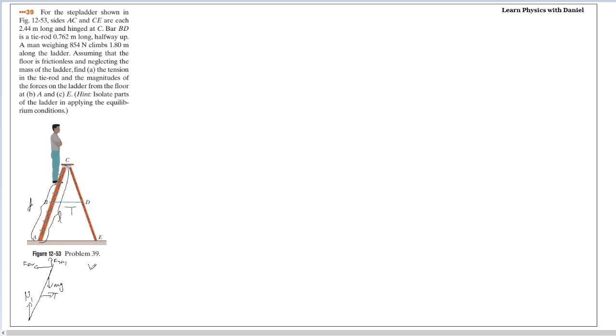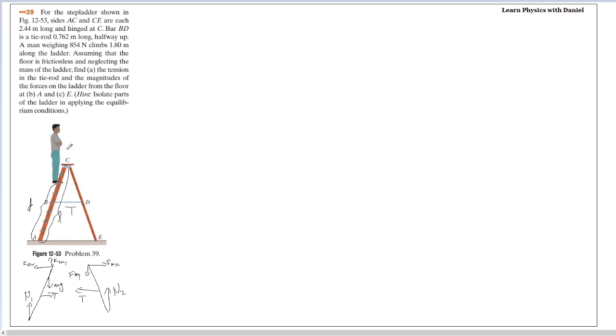For the right side of the ladder is a lot less complicated. You have, by Newton's third law, an equal and opposite hinge force, another equal and opposite hinge force, like that. Again, a T to the left this time, and an N2 here. It's not totally to scale, but that's not important.